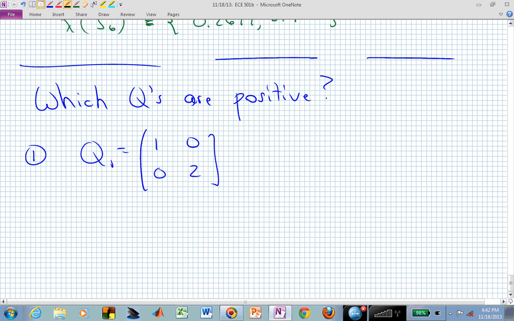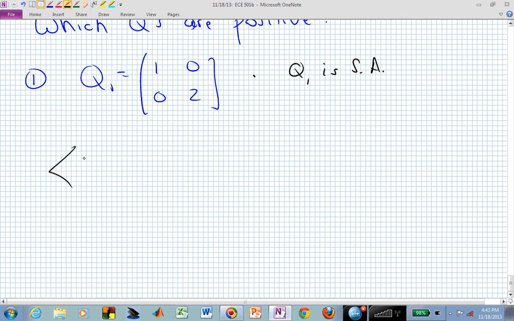What's it need to be positive? By definition, it needs to be self-adjoint, which means Q and its adjoint need to be the same, and it needs to have positive eigenvalues. Well, the inner product of Q1 with any vector V, with V, needs to be non-negative. In this case, Q1 is self-adjoint, isn't it? So Q1 is self-adjoint.